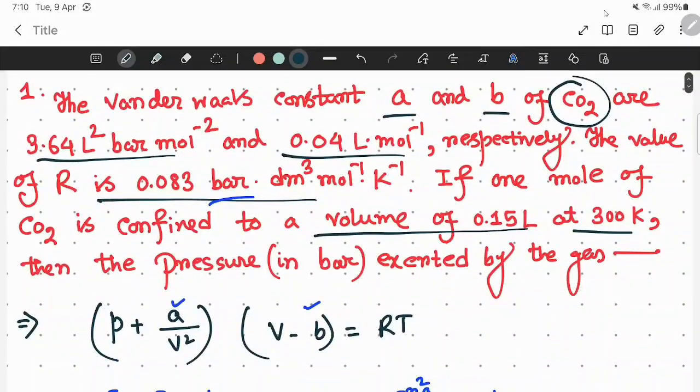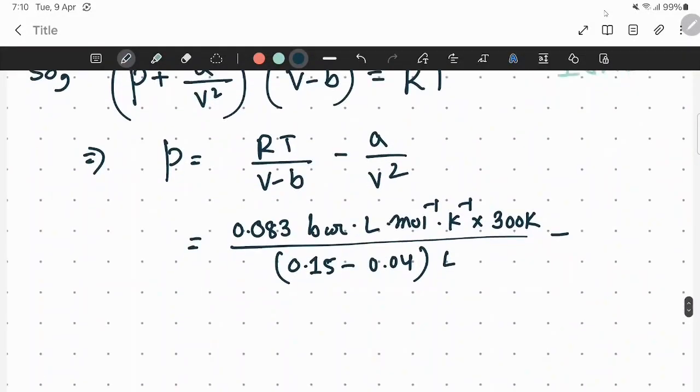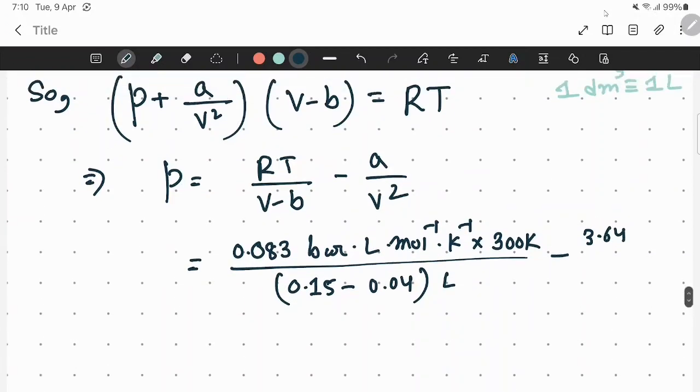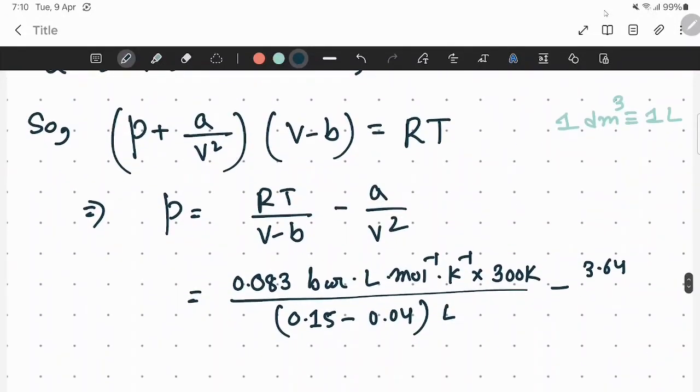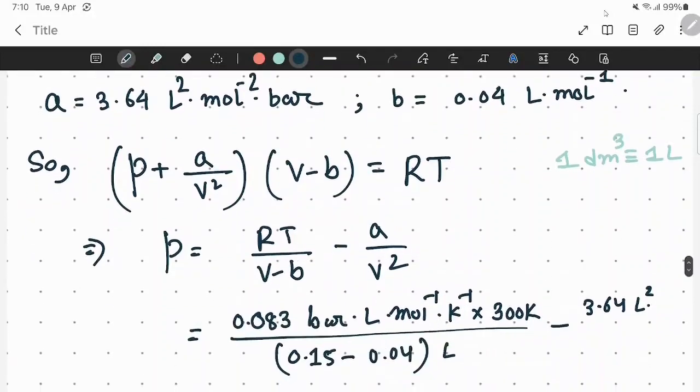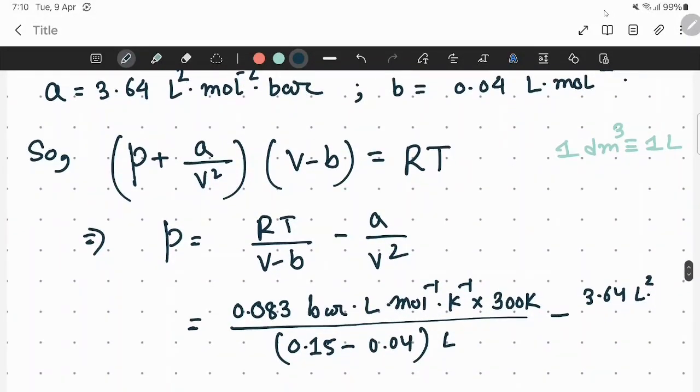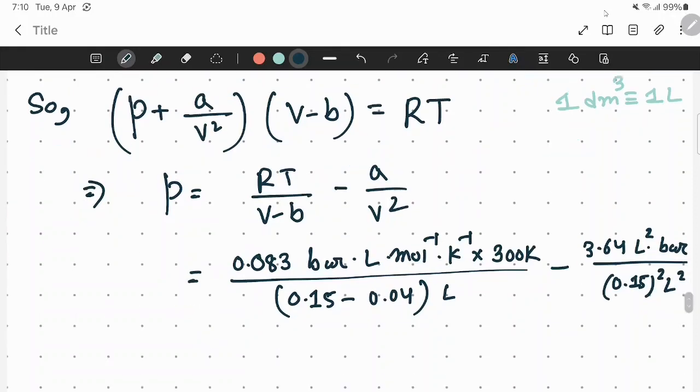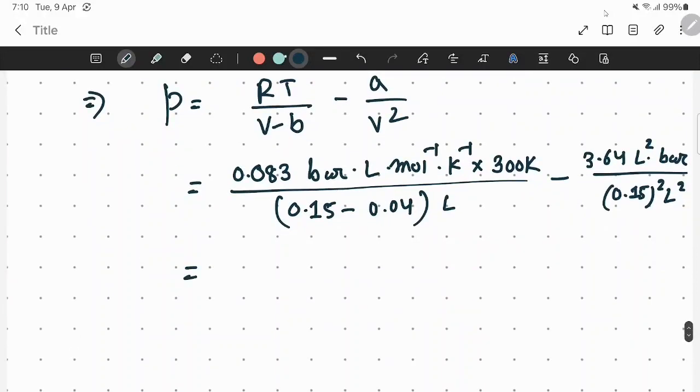A has the value 3.64, and the unit is liter square bar, divided by V square, 0.15 square liter square.